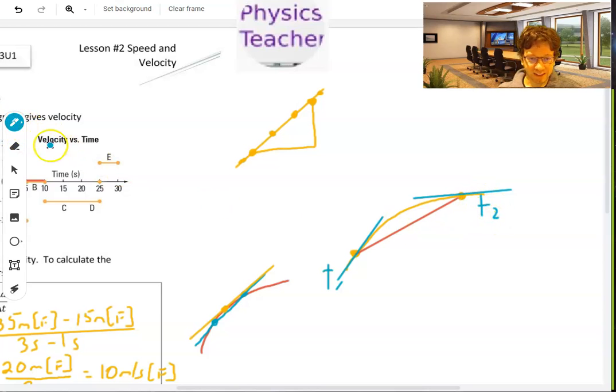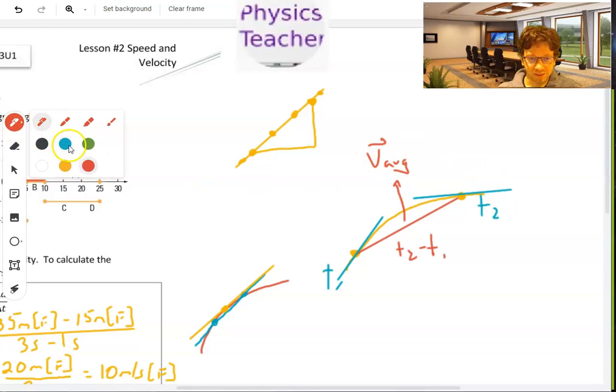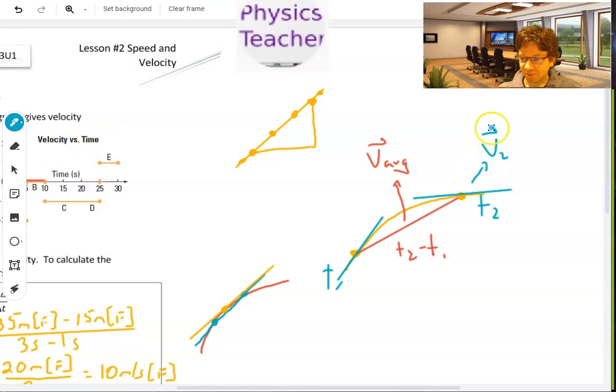And the red line would be our secant between t2 and t1. So this is average velocity. And our blue ones, we can call this instantaneous velocity at time 2, and we can call this instantaneous velocity at time 1.